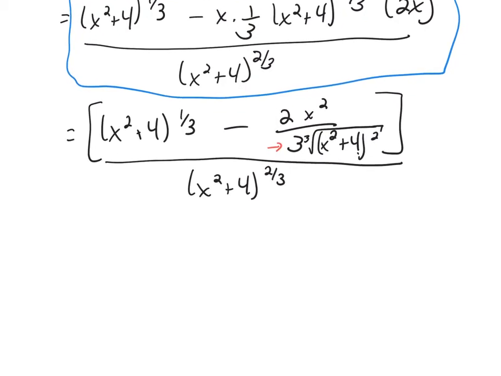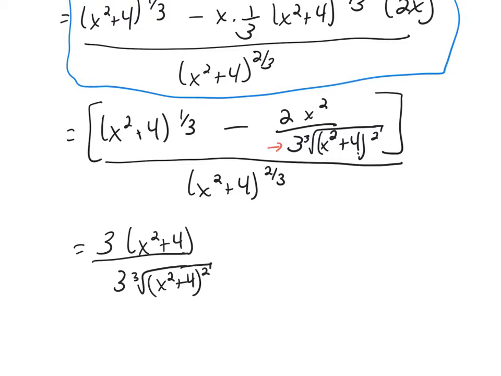So then if I multiply my first fraction, top and bottom, by that, then you would have 3x squared plus 4, because you'd have a 1/3 and a 2/3.